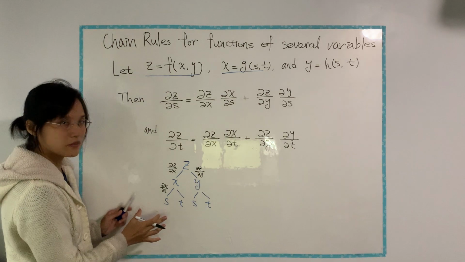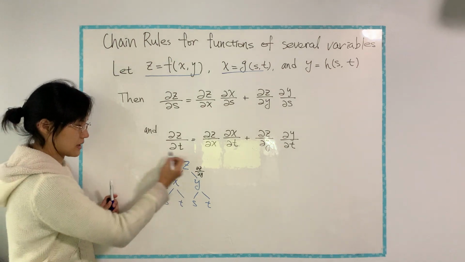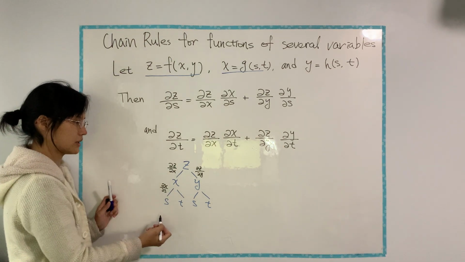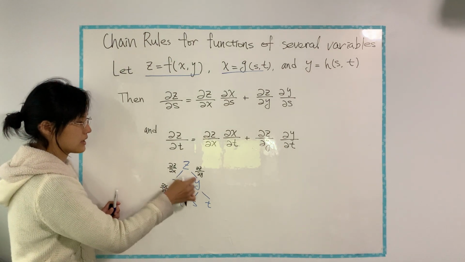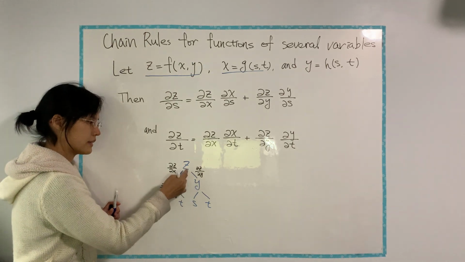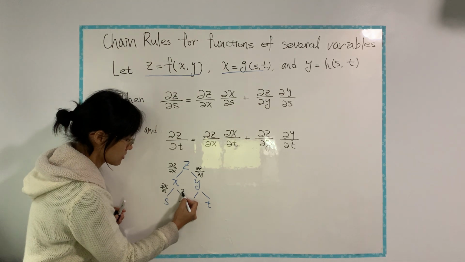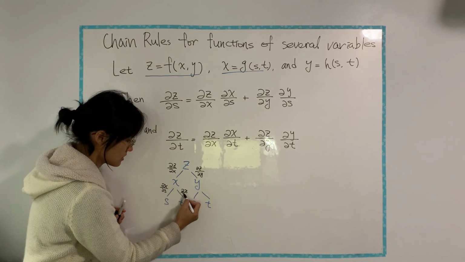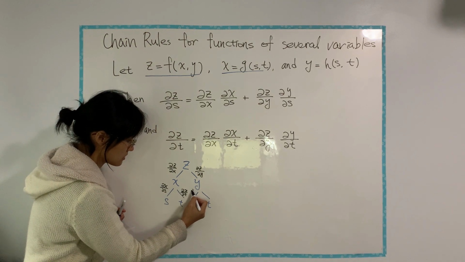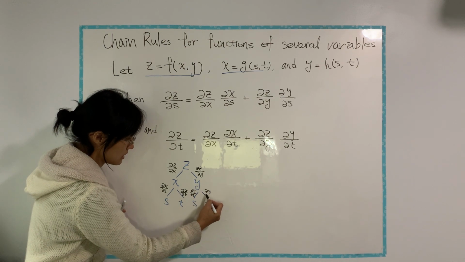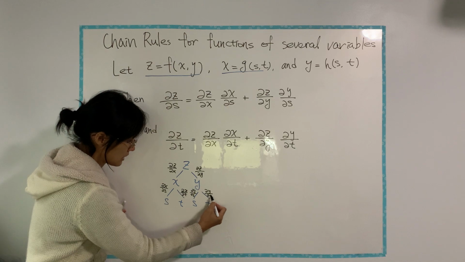Okay, so you don't have to memorize anything, you just need to memorize how to create this diagram and look at which variables each stick connects, then you know how to write the derivatives. So this is dx dt, and this is dy ds, and this is dy dt, like that.